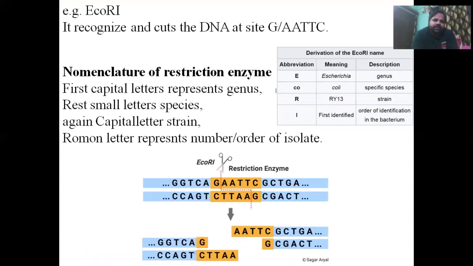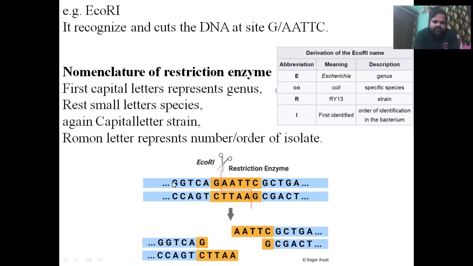For example, EcoR1. EcoR1 is one of the most important endonucleases we are using in genetic engineering experiments, and it recognizes and cuts the DNA at the site GAATTC, and it cuts after G. We can see here how this restriction enzyme EcoR1 cuts.